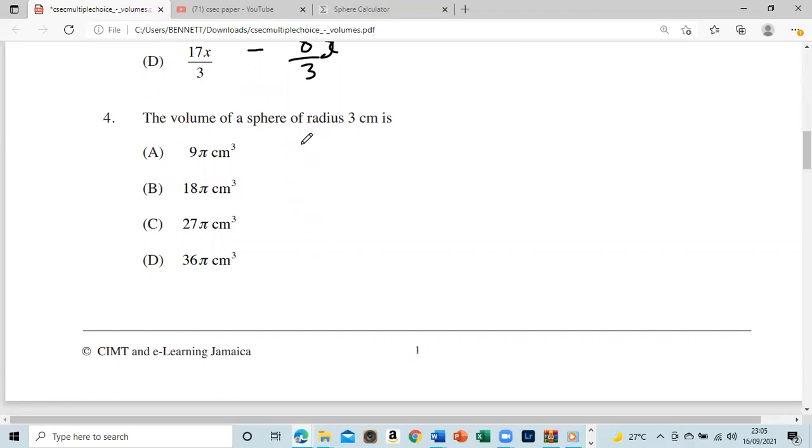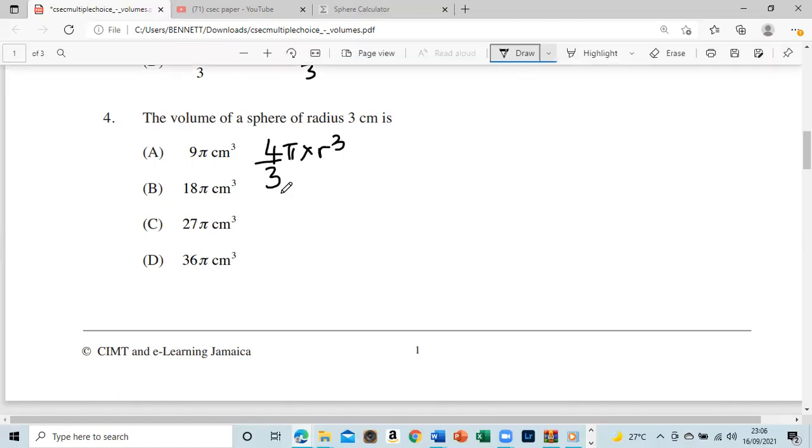So the volume of a sphere is, I can go online and check it out, 4/3 pi r cubed, right?